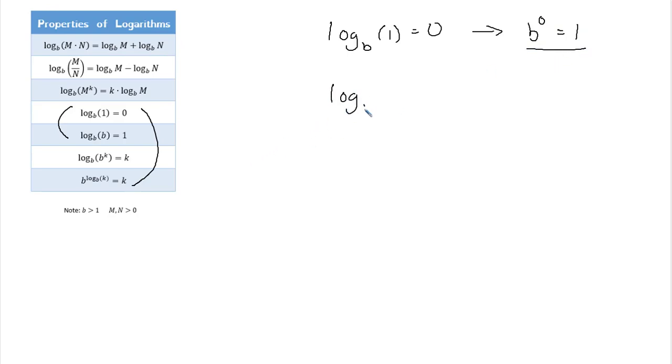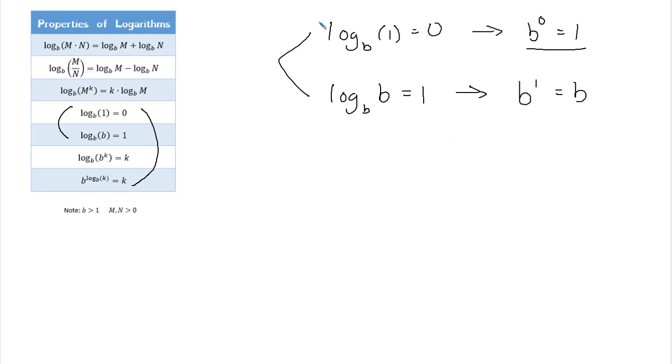And then the same thing here, log base b of b equals 1. If I convert that over to the exponential, that'd be b to the first is equal to b. Or 5 to the first is equal to 5. Or 15 to the 0 is equal to 1. So these two just come from looking at the conversions.